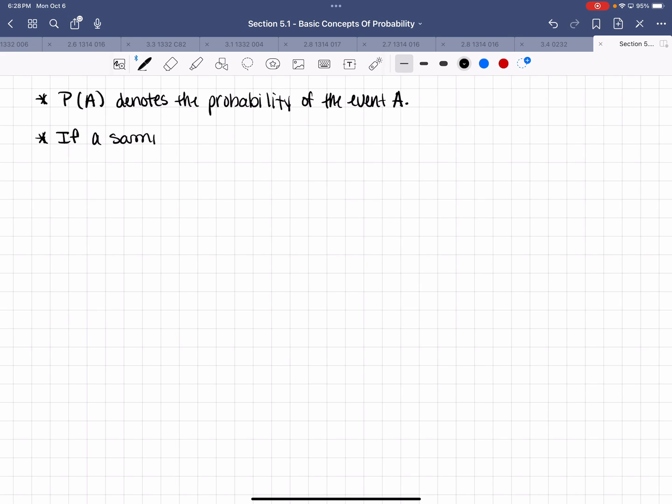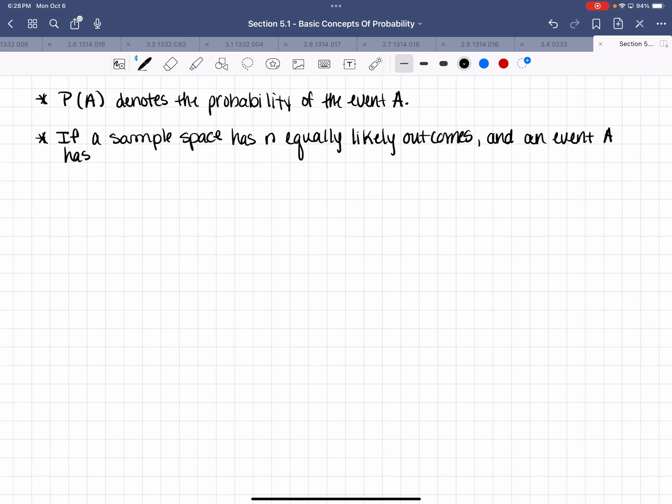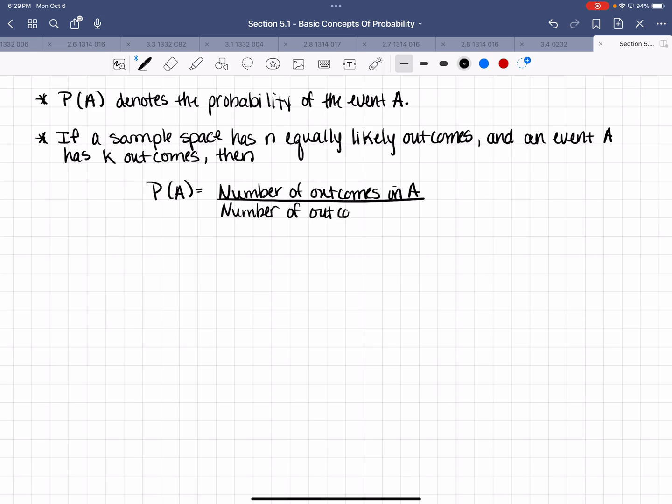If a sample space has n equally likely outcomes and an event A has K outcomes, then the probability of A equals the number of outcomes in A divided by the number of outcomes in the sample space.